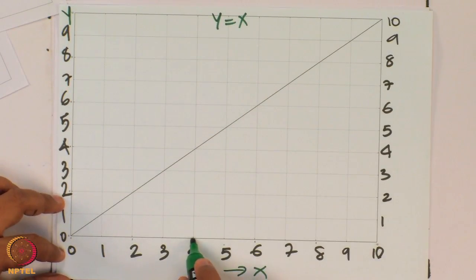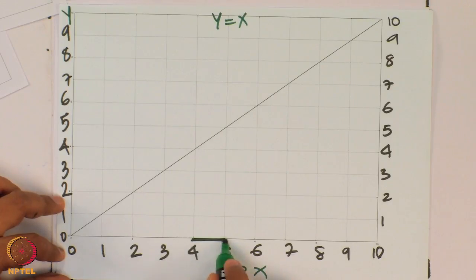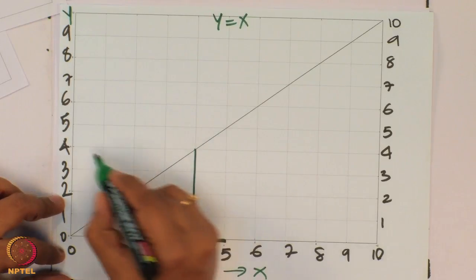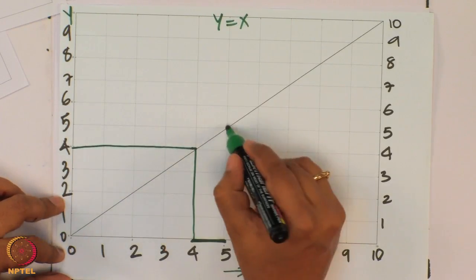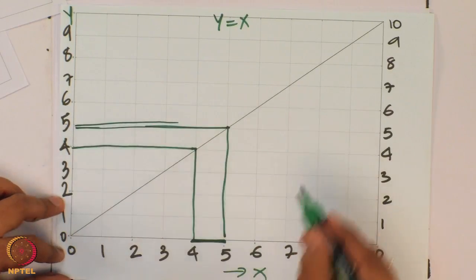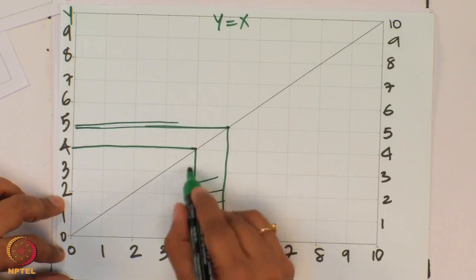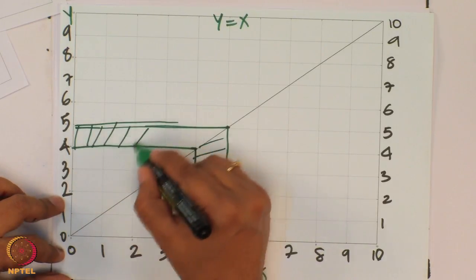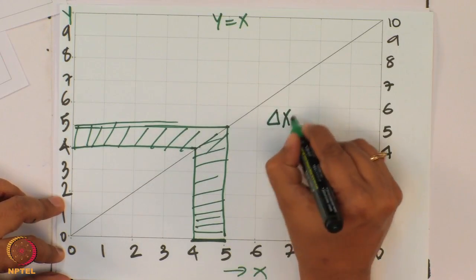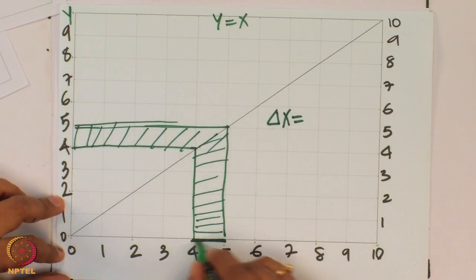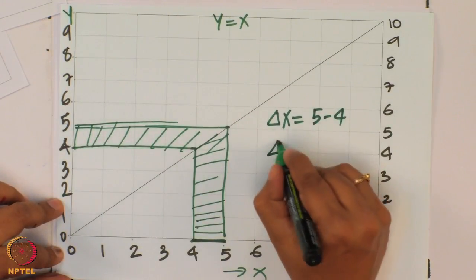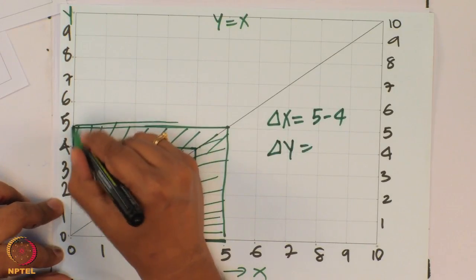If I take x between 4 and 5, the corresponding y value is also 4 and 5. So delta x is this difference, that is 5 minus 4, and delta y is also 5 minus 4.